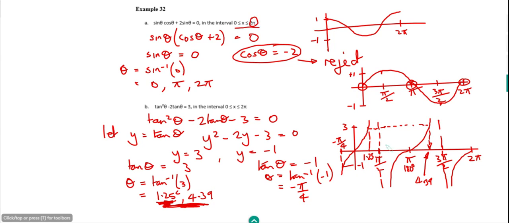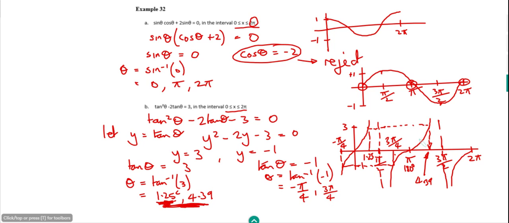But that's not in the range that we want, because we want them in the range 0 to 2 pi. So what we need to do is just add pi to that to get the next solution. So if we add pi to minus pi by 4, we get 3 pi by 4. So that's the next solution along, 3 pi by 4.